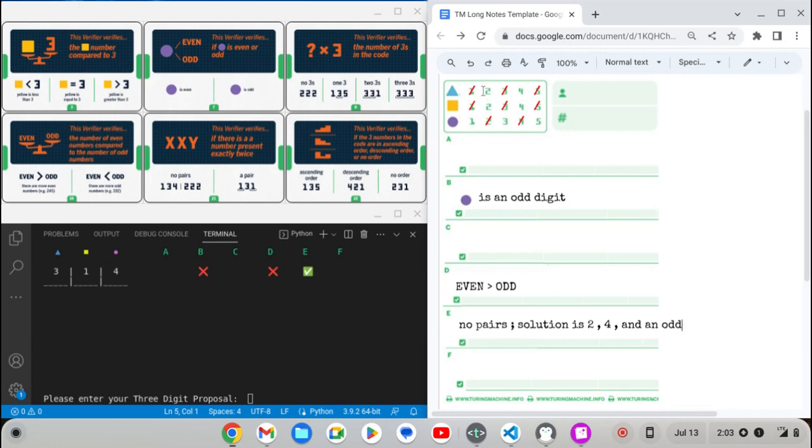So we could say something like 2, 4, 1 or 4, 2, 5. And so I'm thinking, does it really matter? I think I'm going to try, let's go with 425.